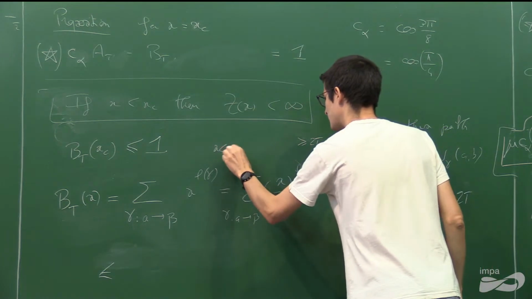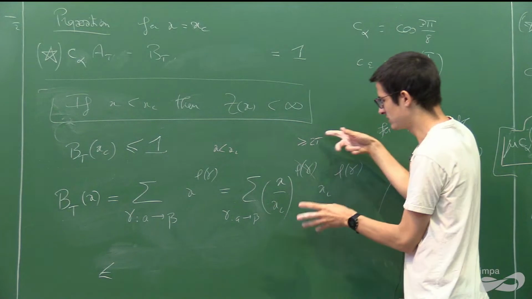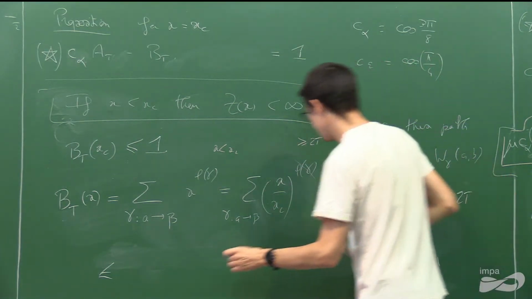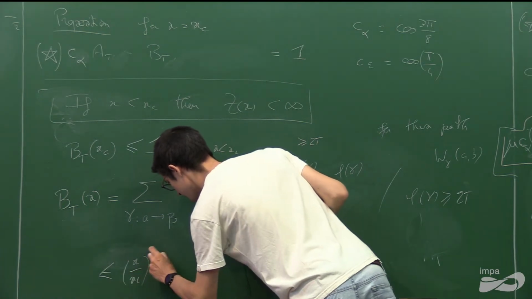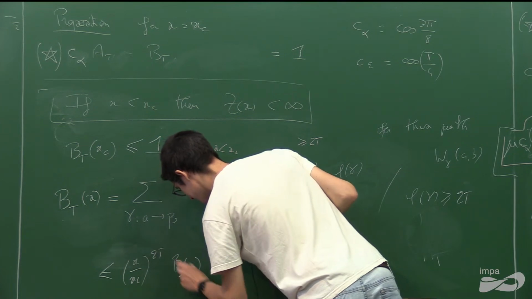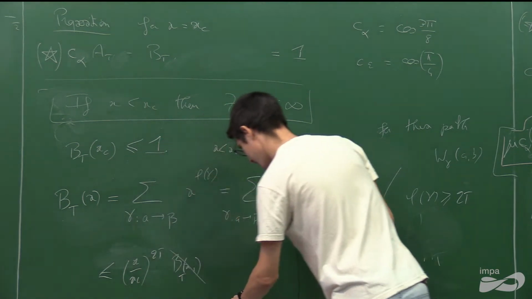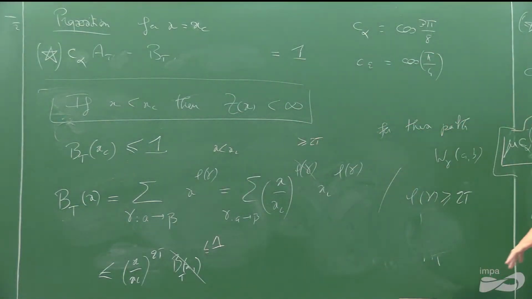X is smaller than xc, so x over xc is smaller than 1. So I just replace this by 2t. I get an inequality, and I get that this is smaller than x over xc to the 2t times bt xc, which is smaller than 1. So now I have that for x smaller than xc, bt x decays exponentially.